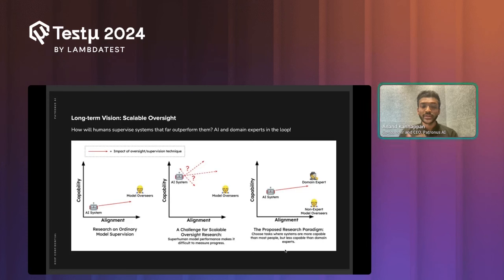And so some of the things that I'm excited about personally, and especially all of us at Patronus, is the long-term vision around scalable oversight. This concept of scalable oversight really came out around the end of 2022 in a research paper from Professor Sam Bowman at NYU at the time. It was this idea around how humans will actually supervise systems that far outperform them. At some point, maybe it's already there, that'll become really challenging to do, especially in more scalable ways.